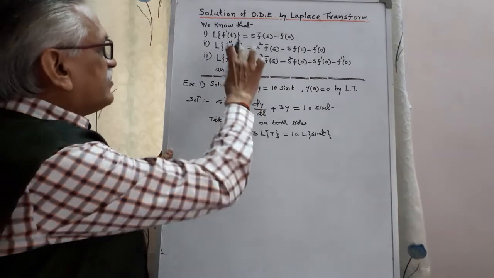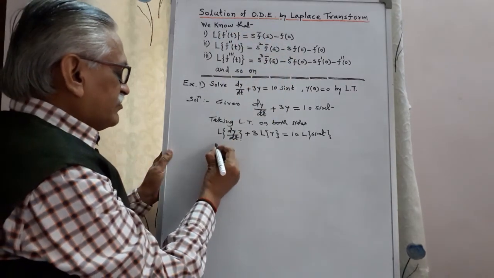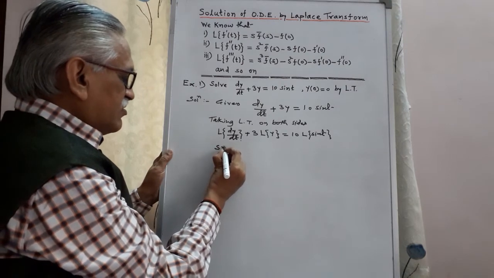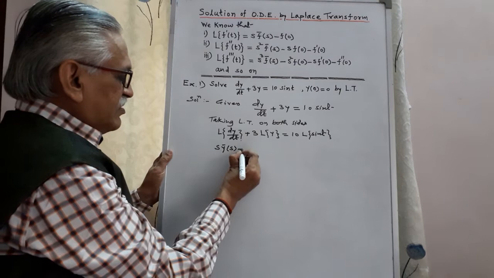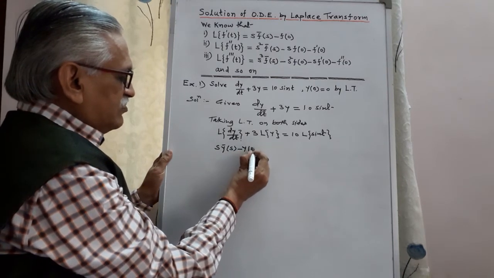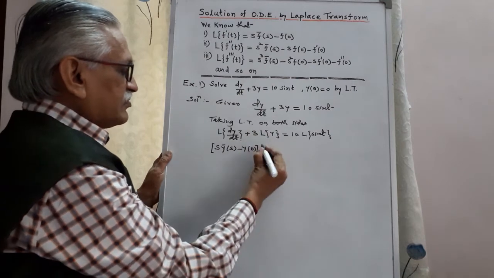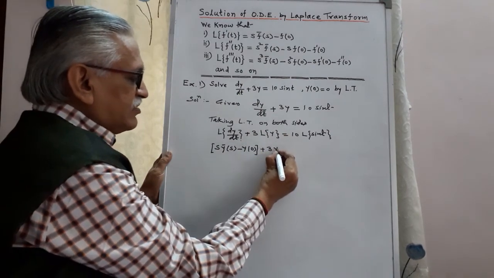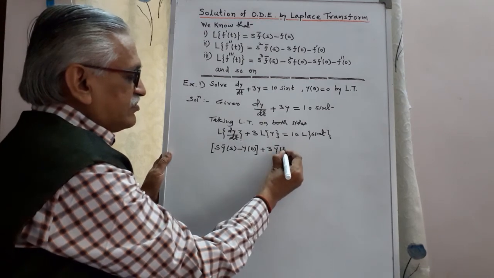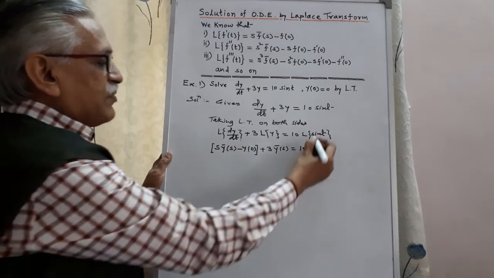Applying the standard result for first order derivative, it is s f bar of s, the function is here y, therefore s y bar of s minus y of 0, plus 3 Laplace of y, that is y bar of s, and is equal to 10 Laplace of sin t.